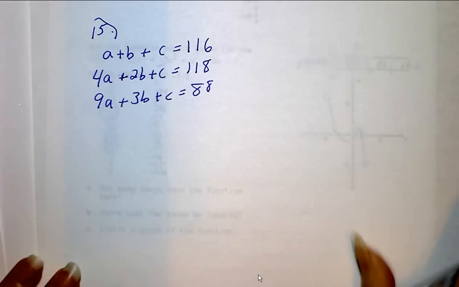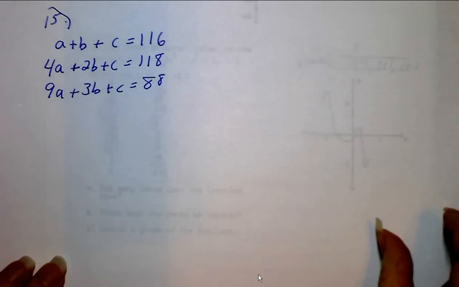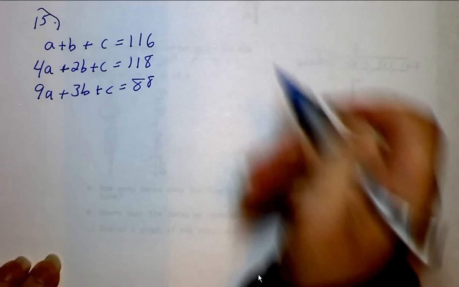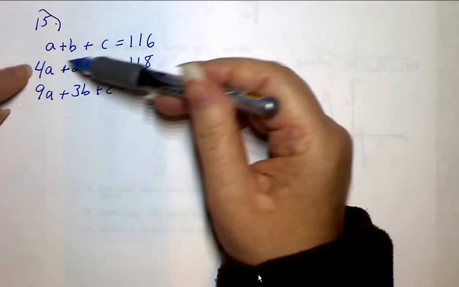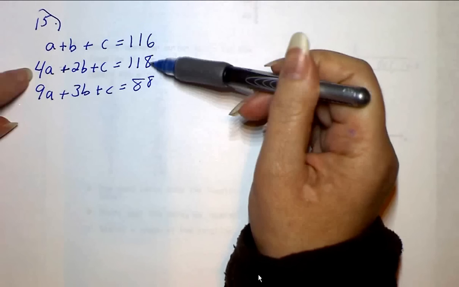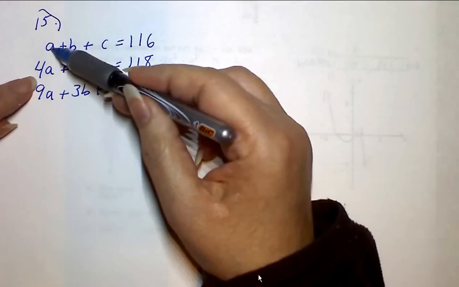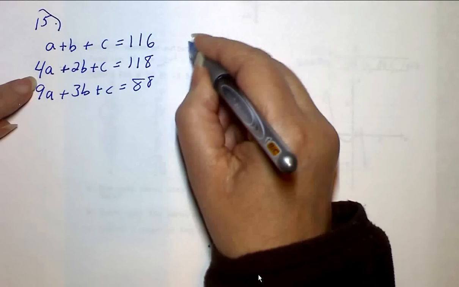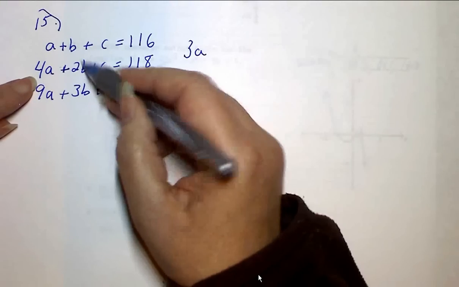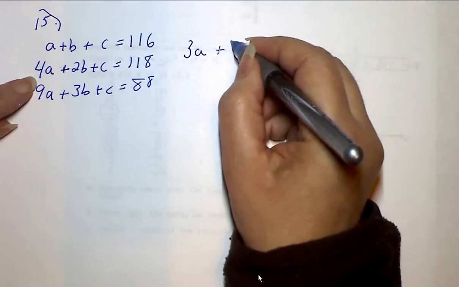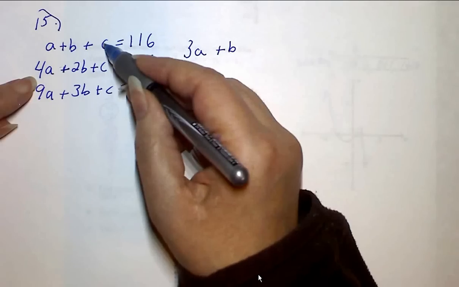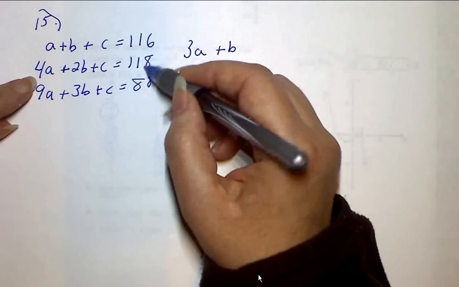Alright, so what you have to do is subtract these two, and then we're going to subtract these two and get two new ones. So we have 4a minus a is 3a, 2b minus b gives me b, c minus c is gone, and then 118 minus 116 is 2.